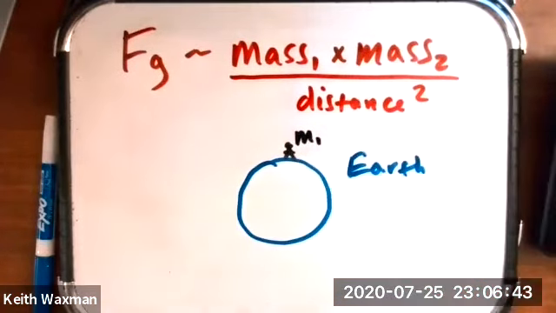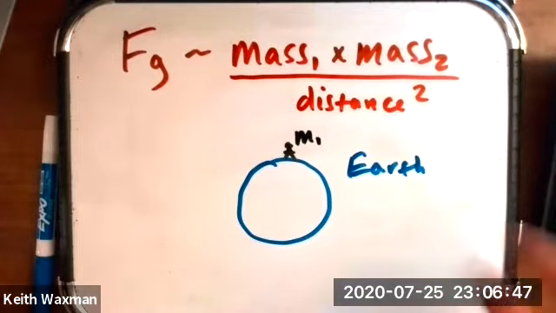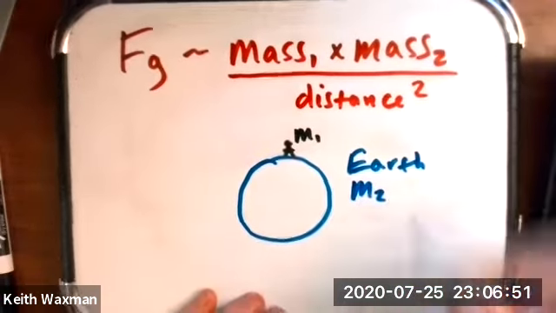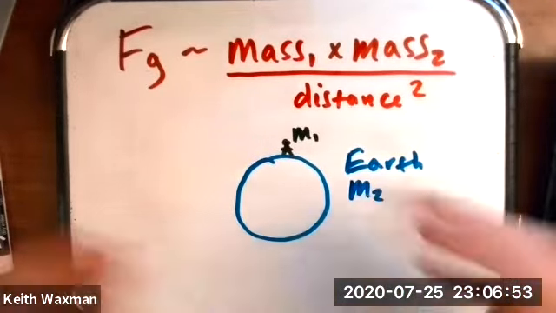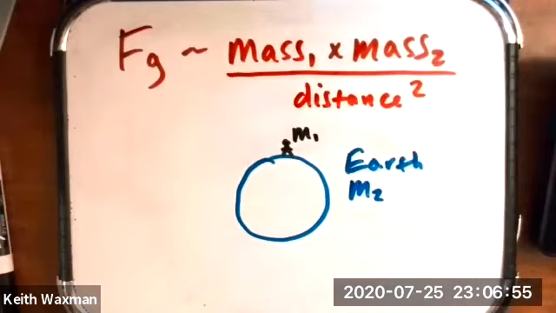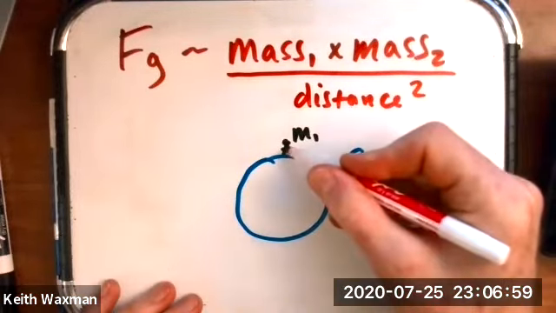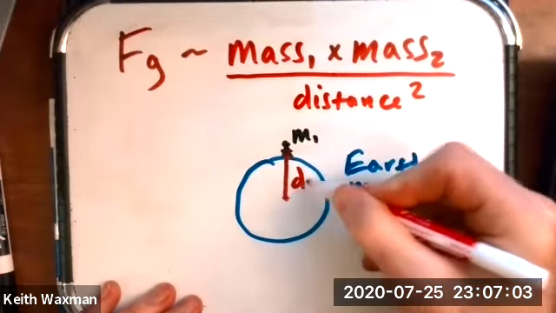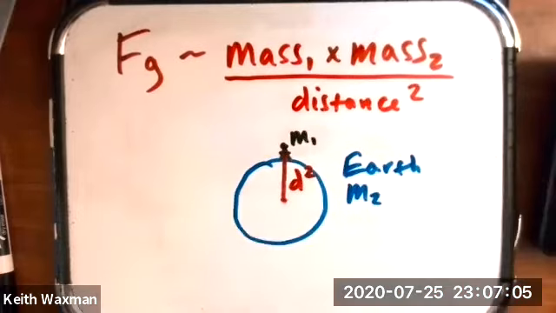And the mass, remember, is just how much stuff you have. What would be mass 2 here? Earth, mass 2. Then you multiply them. Mass 1 times mass 2 divided by the distance between the centers, which is pretty much from the center of you to the center of the Earth. The distance squared. That's it. All you need are those variables.